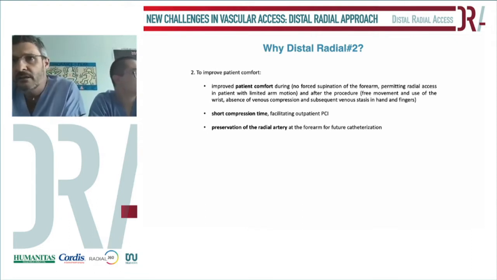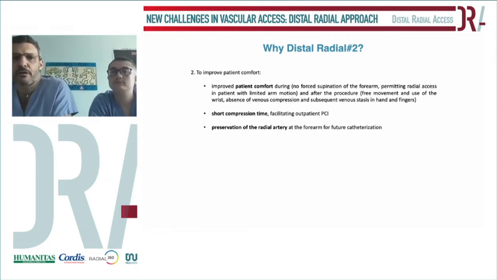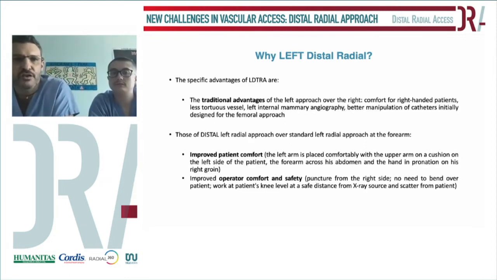This kind of access improves the patient comfort during and after the procedure, because there is no need to force supination of the forearm, and it's also possible to use this access in patients with limited arm motion. So patient comfort is another very important aspect that we have to consider when we decide our access. Then, short compression time and preservation of radial access for future catheterization.